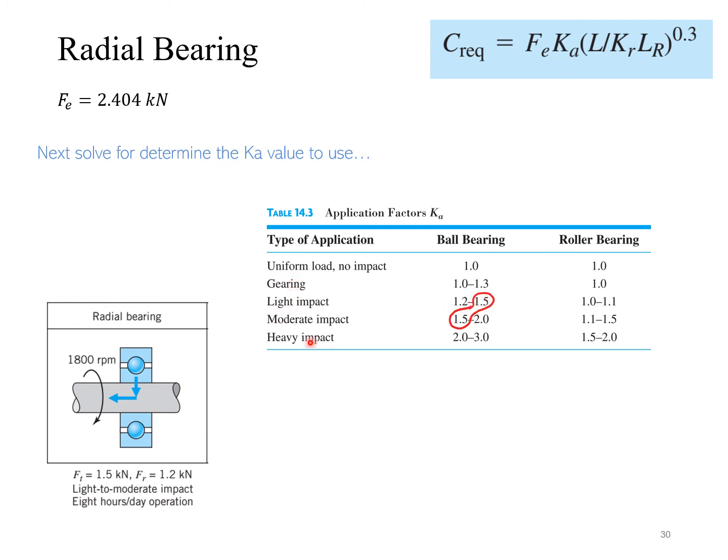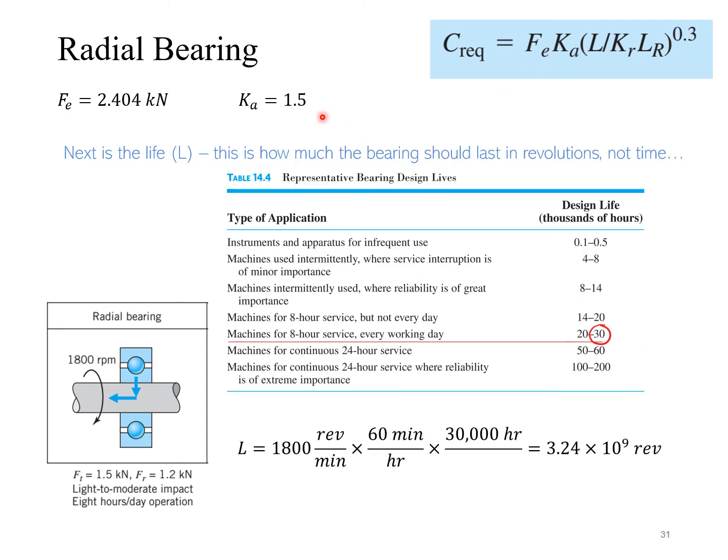They give us a range, moderate impact. There's a range over here, heavy. But because they want light to moderate, in between, the number in between is this 1.5. So we'll set our Ka value to 1.5. Ka equals 1.5.